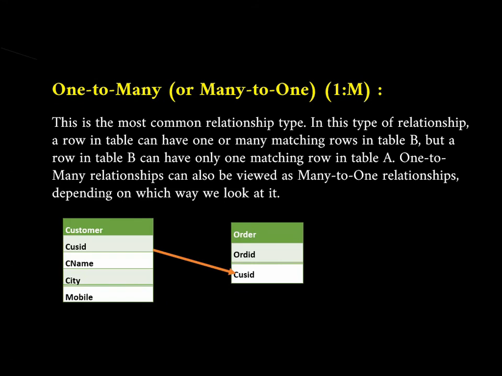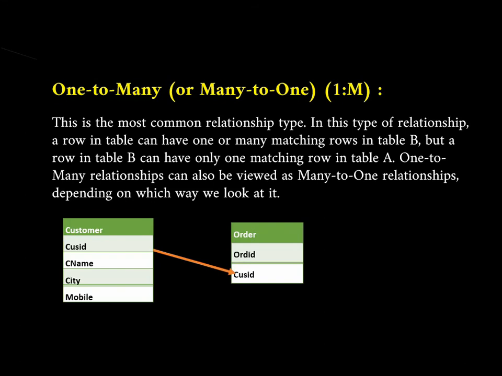So that's the difference between one to one and one to many relationship. Okay, I hope you understood this. In the previous one to one example, only one matching row is there in the other table. In this one, it is a one to many relationship.